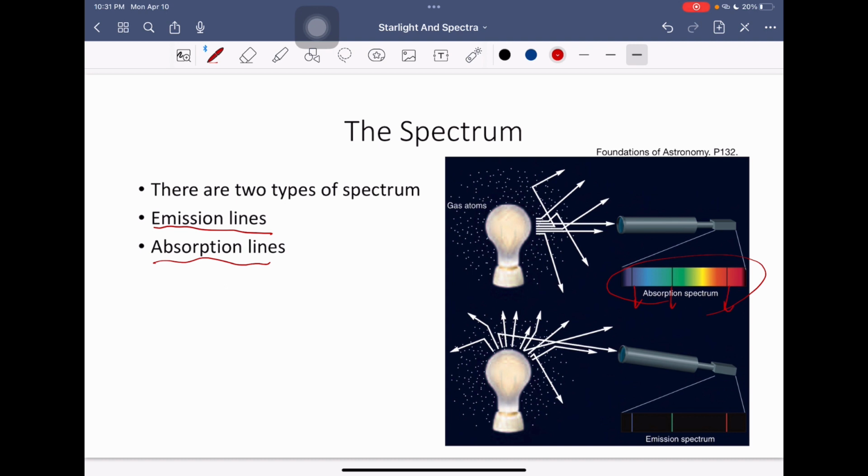That's because there is some gas between you and the light source. And the gas atoms absorb the light, so their electrons can go to a higher energy level. Thus, you will have some missing lines.